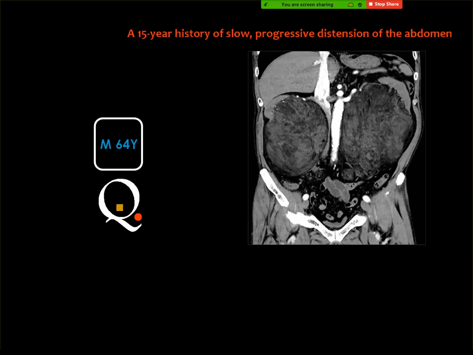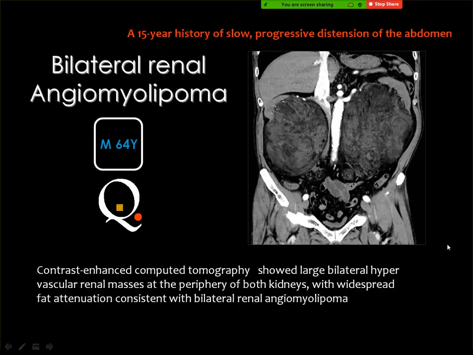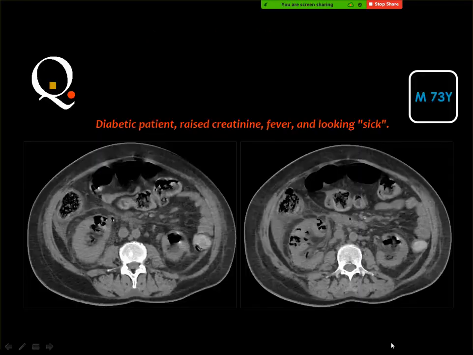And this is bilateral disease. Bilateral angiomyolipoma. Very good. And this is angiomyolipoma because of the fat inside the lesion, and you get some soft tissue material and two big masses on both sides representing bilateral angiomyolipoma.